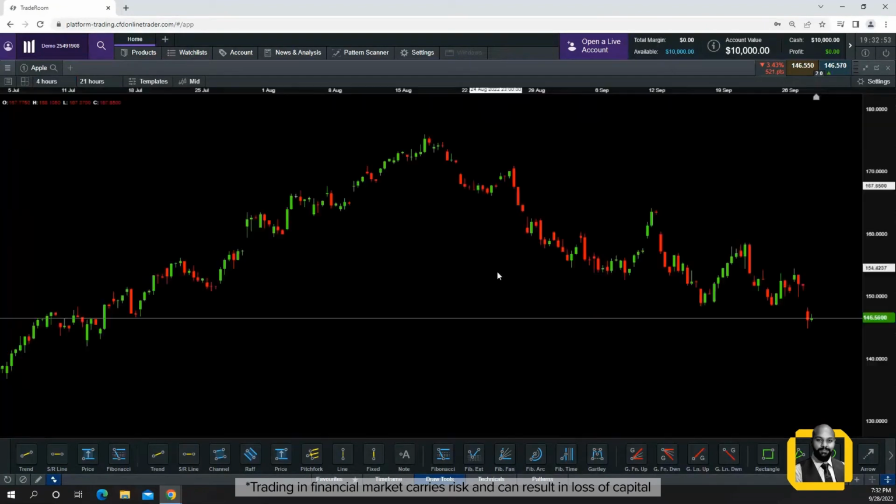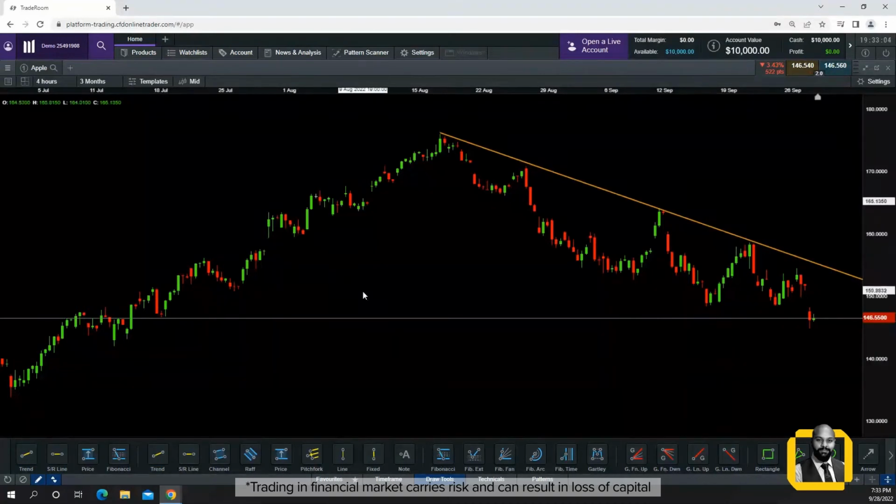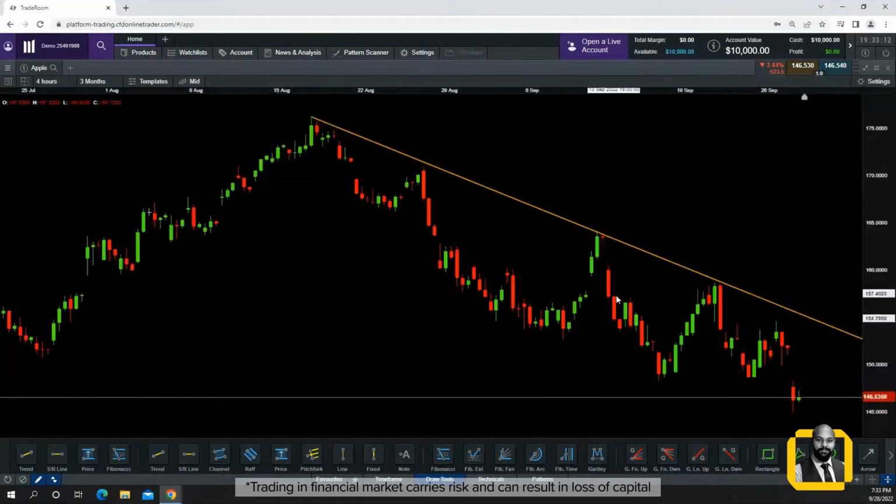Let's look at a longer time frame, where it gives you a much better picture. Now we see Apple making a downtrend here. This is a much longer time frame. If you are an investor who wants to invest in Apple, there are a few things you want to consider. One is, every time it is going back up, is it breaking above? In this case, it is not.